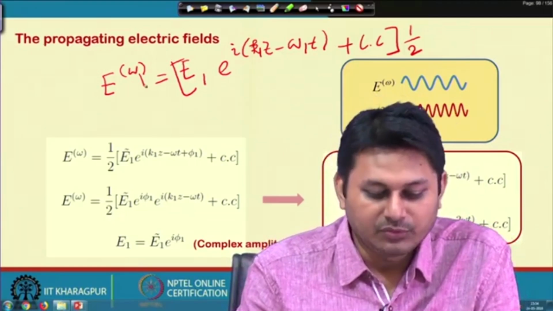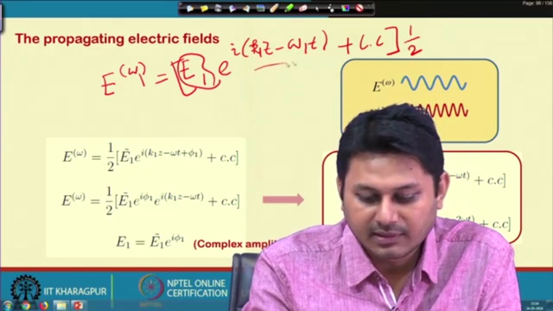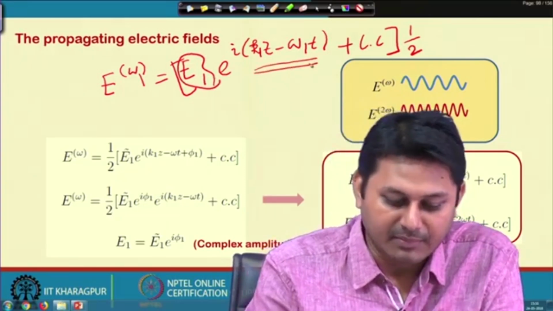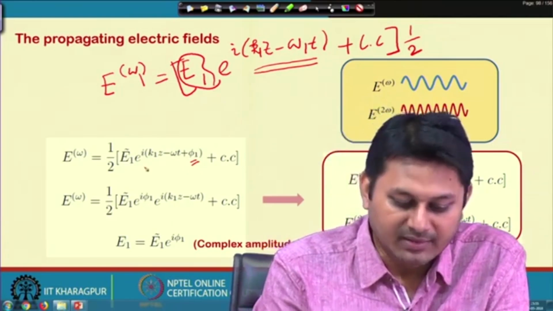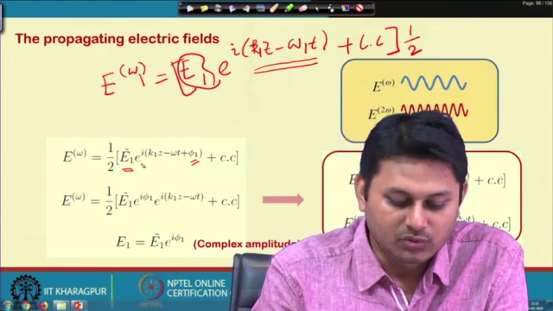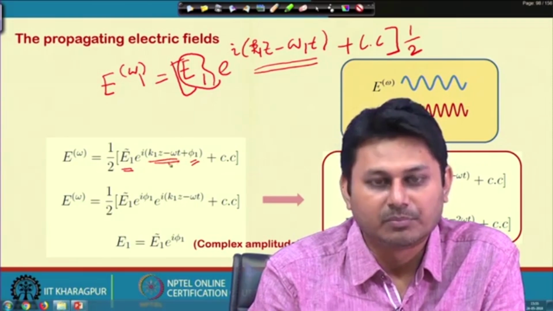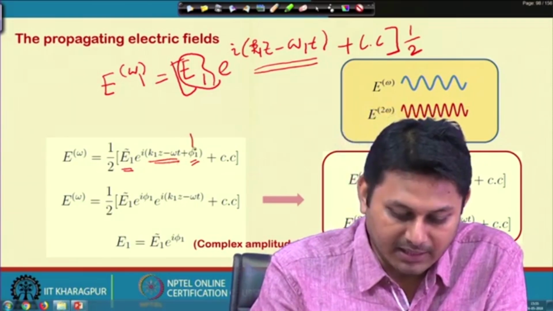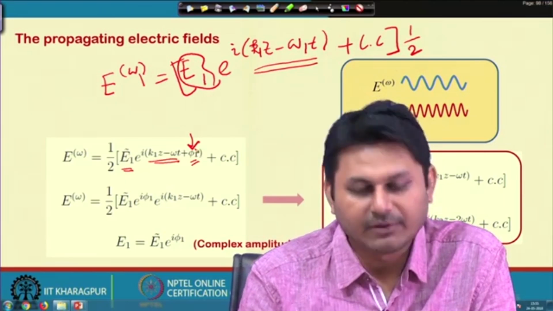But here one thing you should remember: this E1 is an amplitude, but some additional phase should also be there. So, here we write E1 tilde, which is a real quantity, and then e to the power i(k z minus omega t), which is the component related to the plane wave, and on top of that we have some additional phase, phi 1.